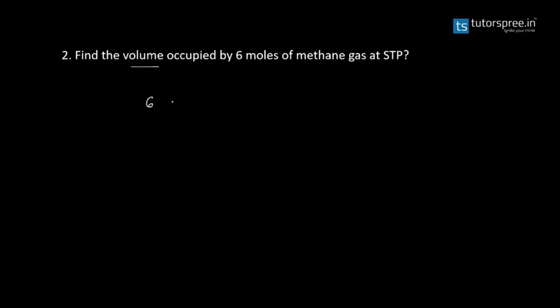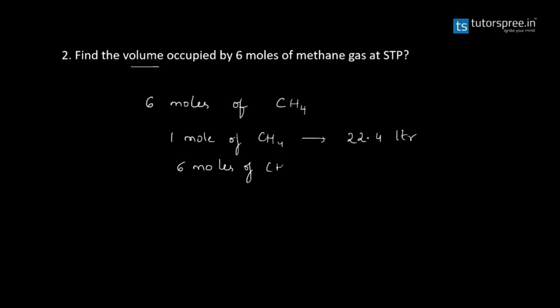So we have 6 moles of methane. What is the formula of methane? Methane formula is CH4. So 1 mole of methane will occupy 22.4 liters of volume. Now 6 moles of methane will occupy how much volume, or X liters of volume?